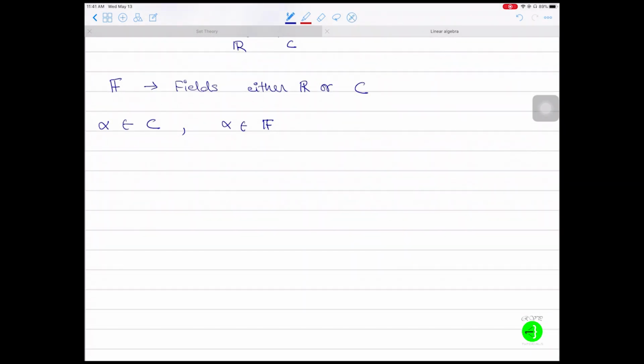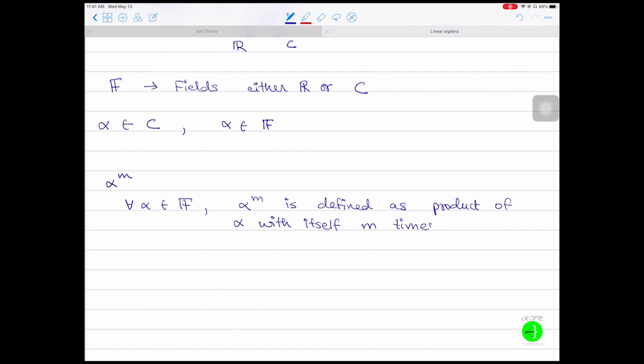So since we already talked about multiplication, let's talk about the term alpha to the power m. For all alpha belonging to F, the term alpha to the m is defined as the product of alpha with itself m times.